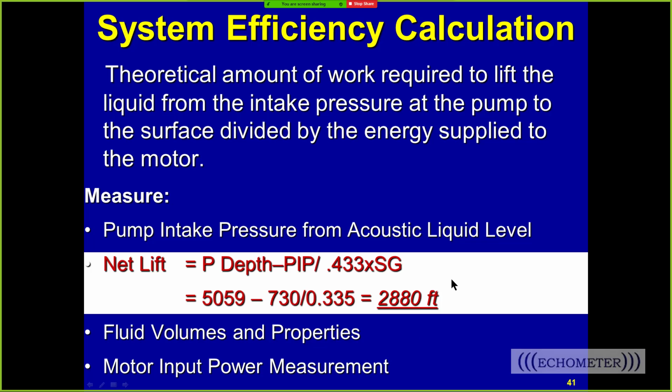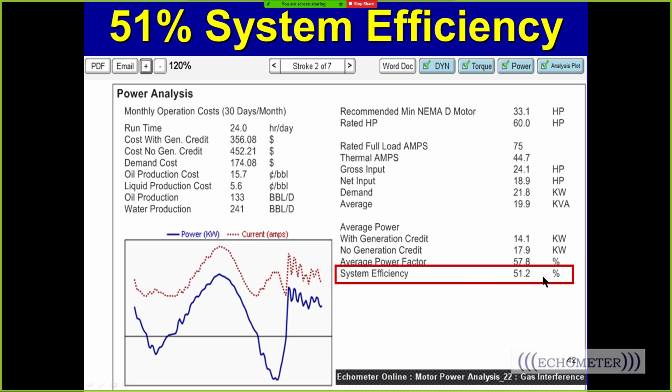And so you need to know what the net lift is, calculated based on the actual tubing fluid gradient here. So this is saying the system efficiency of this well is about 50%, and that's what we think.